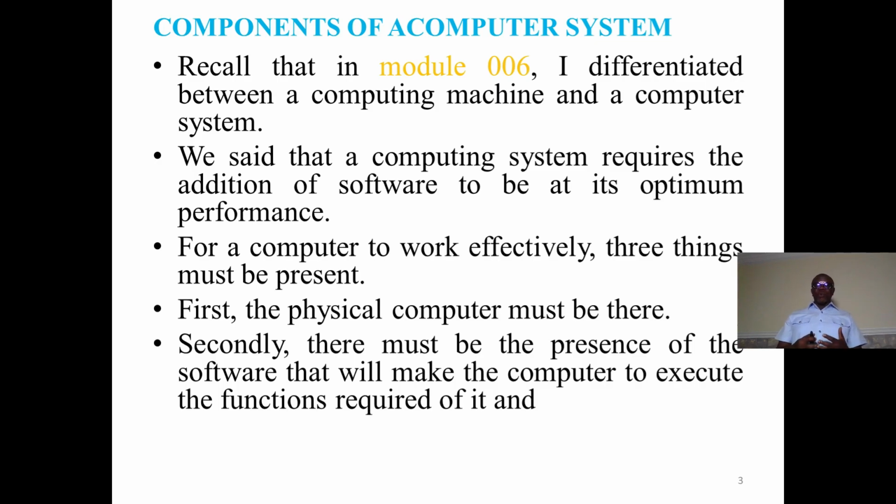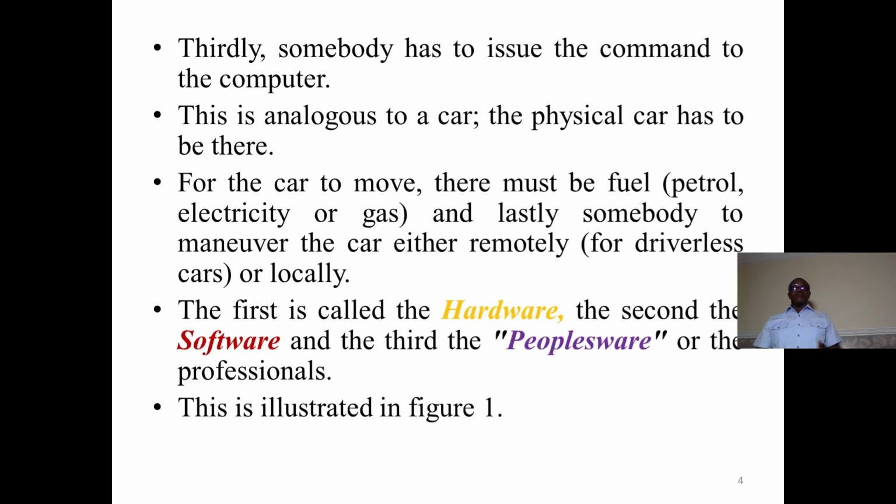For a computer to work effectively, three things must be present. The first, the physical computer must be there. Secondly, there must be the presence of the software that will make the computer execute the functions required of it. And thirdly, somebody has to issue the command to the computer.